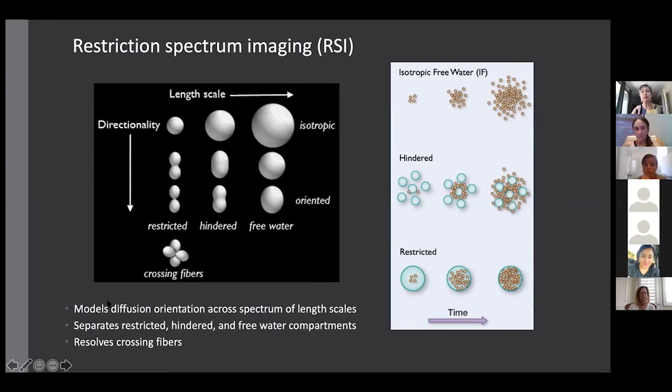So this model allows us to separate out different compartments of water diffusion: restricted diffusion at the smallest scale, hindered at the intermediate scale, and free water at the largest scale. The model also allows us to resolve crossing fibers or areas where axons intersect, which is a very valuable measure.